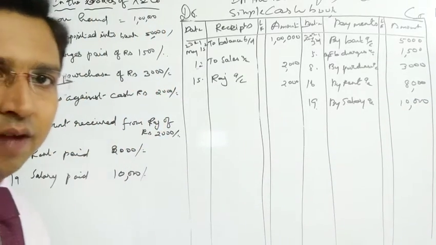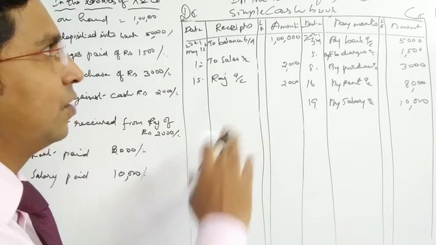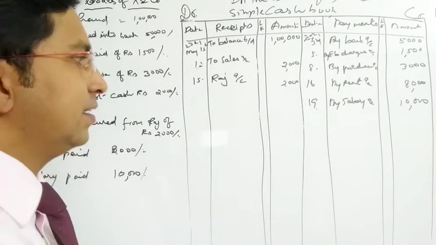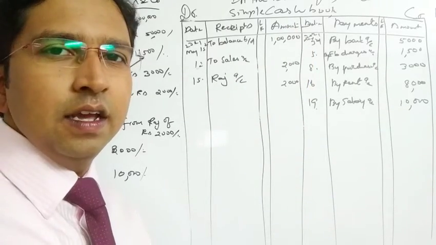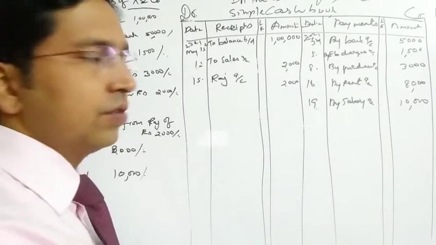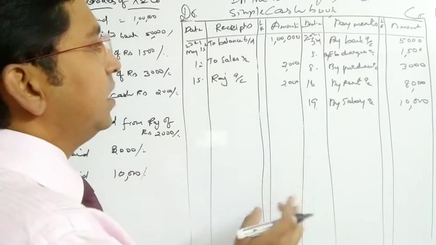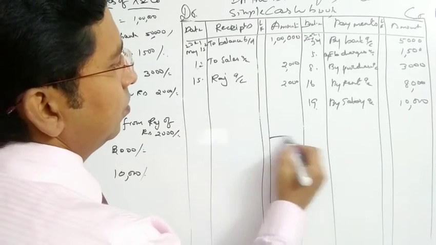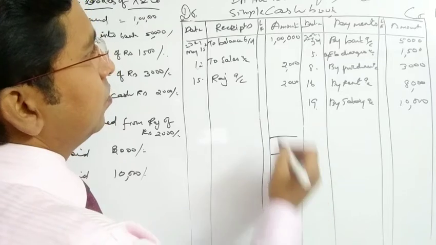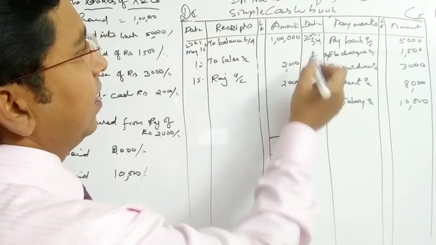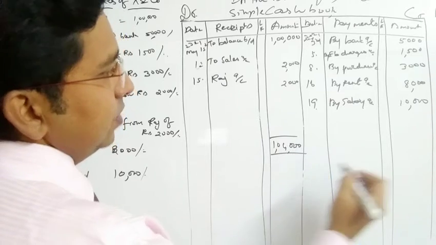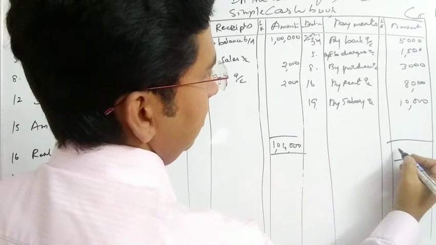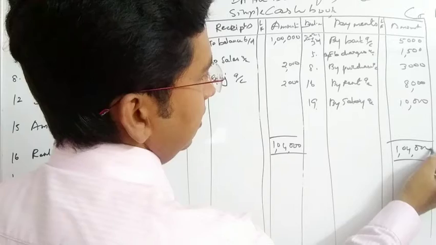Then we have to balance the cash book as usual, the same as a ledger. Normally the cash book shows a debit balance, so the debit side would be the higher value. We can first close the debit side total, 1,04,000. The same amount should be written on the credit side, 1,04,000.